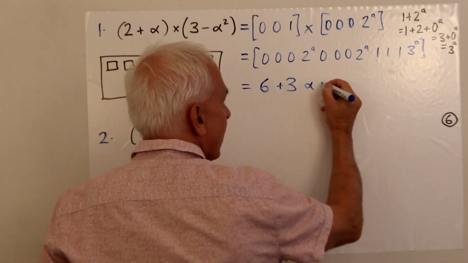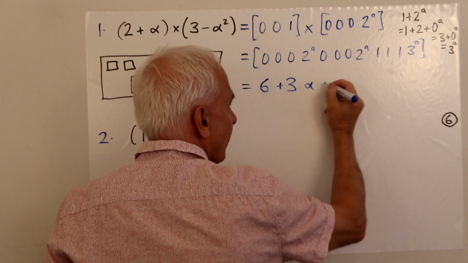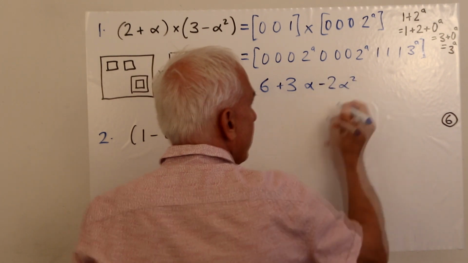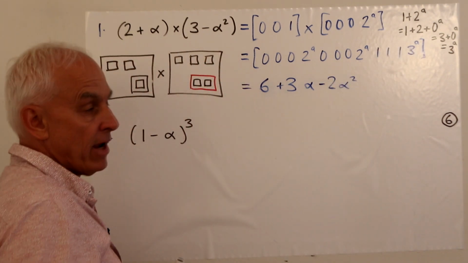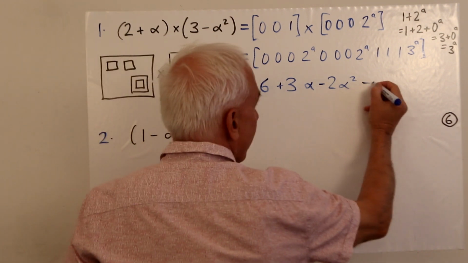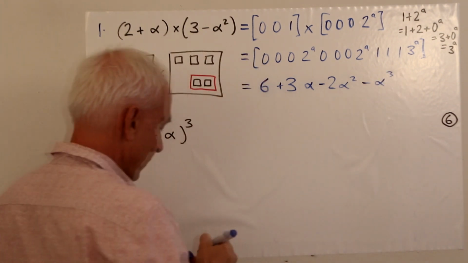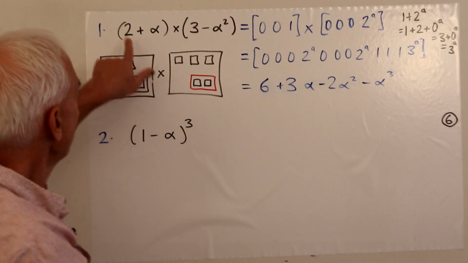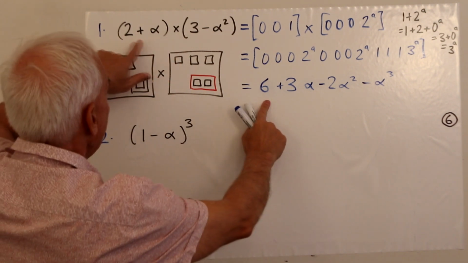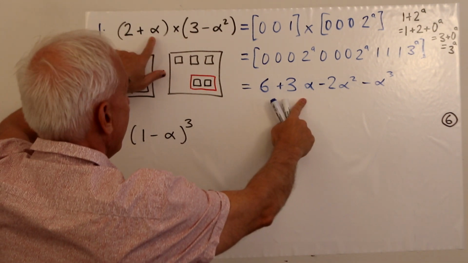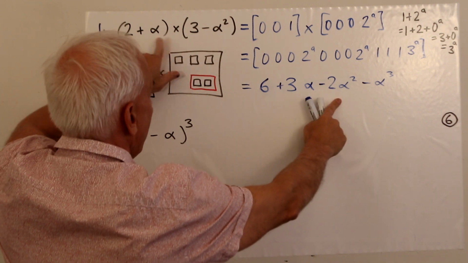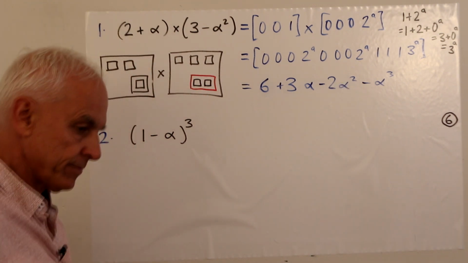Okay, so that's like alpha squareds, but with a minus, so minus 2 alpha squared. And this 3a, anti-3, corresponds to minus alpha cubed. Does that look like what we expect? 2 times 3, 3 times alpha, yes, minus 2 alpha squared, yes, and minus alpha cubed. Good.